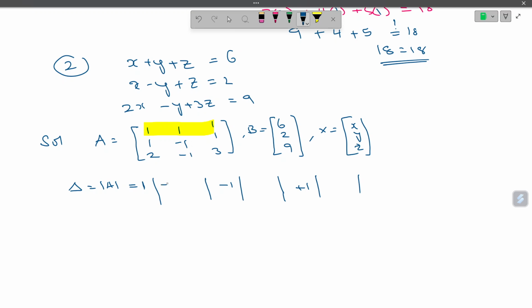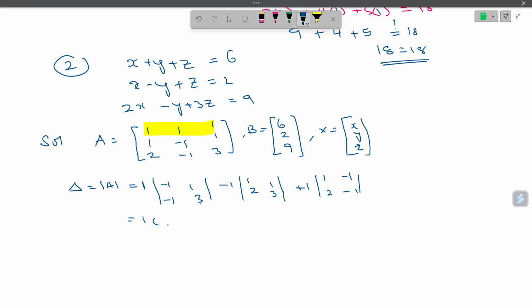Minus 1, 1, minus 1, 3. Second column, if you leave it, it is 1, 1, 2, 3. For the third, if you leave this, 1, minus 1, 2, minus 1. And please make a note: first positive, negative, positive, negative. It goes like this. Now, the AD minus BC formula.